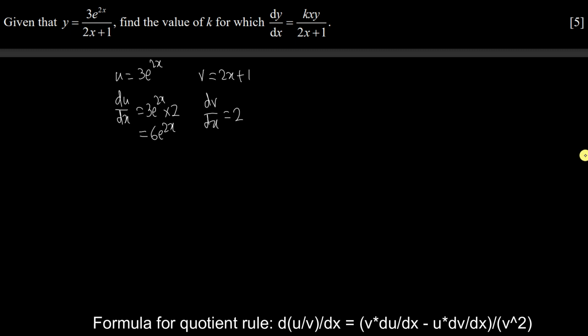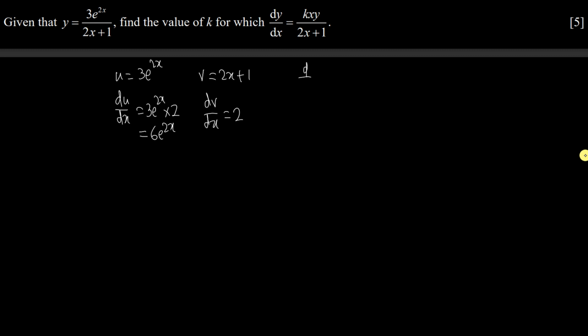So according to our rule, d by dx of u by v, I'm going to write the equation again, which is v du by dx minus u dv by dx divided by v squared. This is our formula. So let me put accordingly v du by dx.